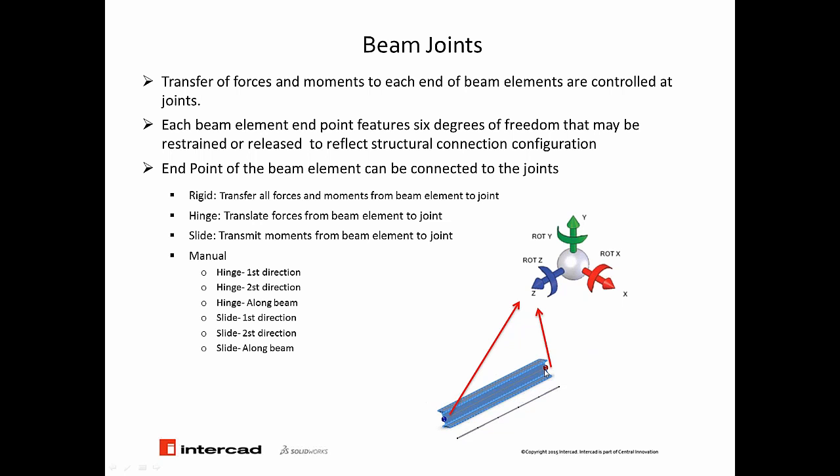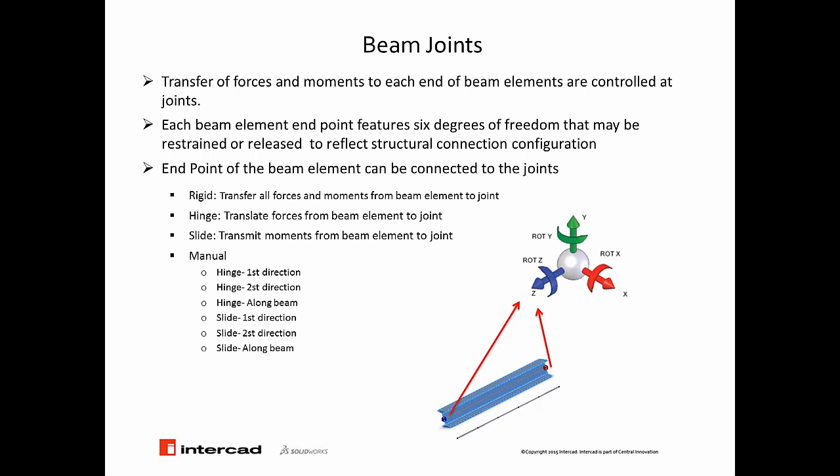Now it's your turn to say how your structural member acts at its end. First, you can say rigid, which transfers all the forces and moments from a beam element to a joint. So you have created a joint and you have a beam element, and now we are merging and restricting all 6 degrees of freedom.